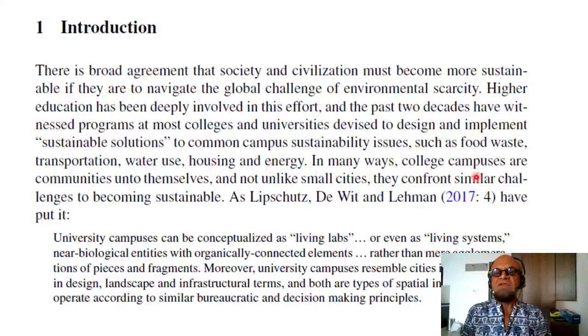In many ways, college campuses are communities unto themselves, and not unlike small cities or small urban, suburban, or small rural areas. They confront similar challenges to becoming sustainable. As Lipschultz, Dewitt, and Lehman have put it, university campuses can be conceptualized as living labs or even as living systems, near biological entities with organically connected elements rather than mere agglomerations of pieces and fragments.